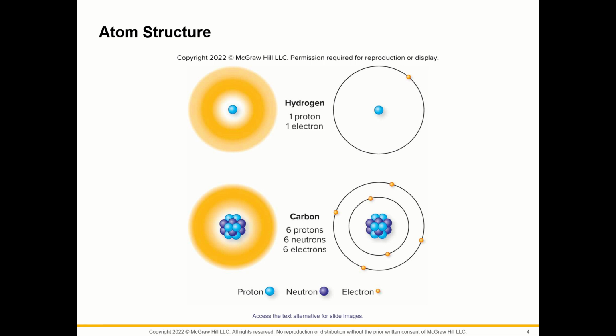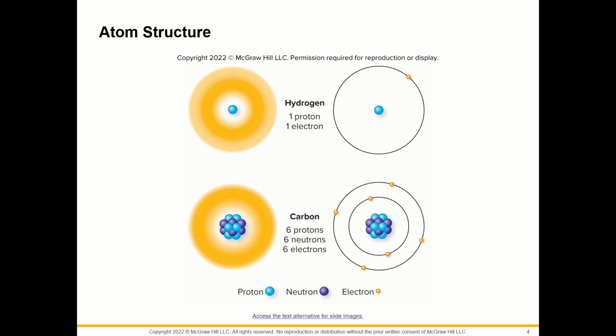The electron can change, however, and it can actually kick that one electron off and become just a positively charged proton, basically. Or it can form covalent bonds and share another electron with another atom. The carbon is 6 protons, 6 neutrons, 6 electrons.